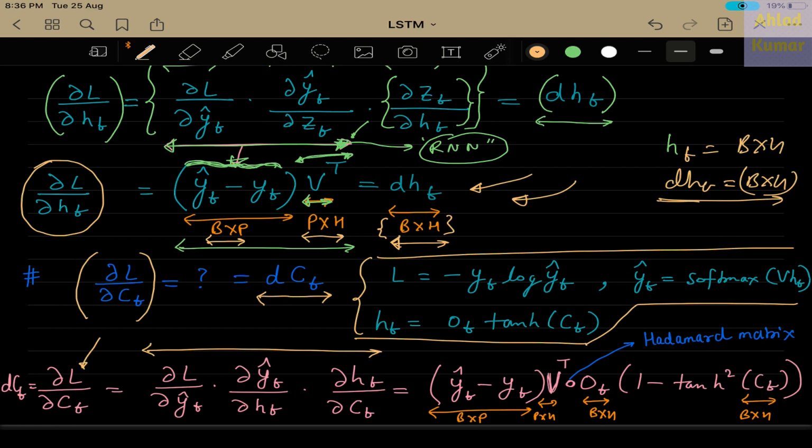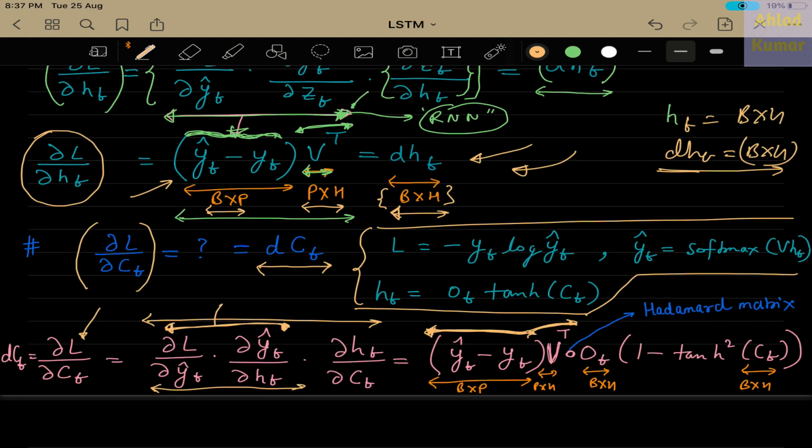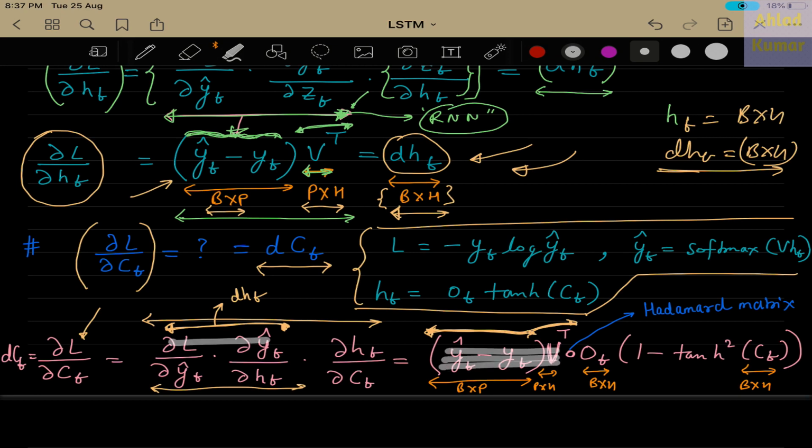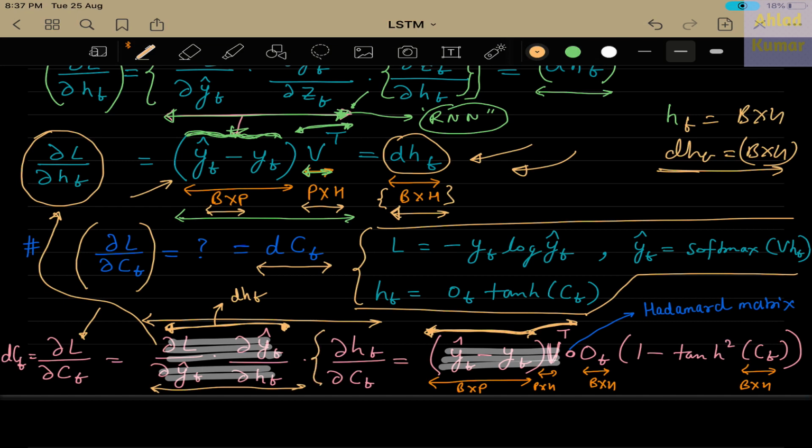This complete multiplication is basically DHT, which we have already evaluated from this expression. Now the second part is to calculate the derivative of HT with respect to CT.